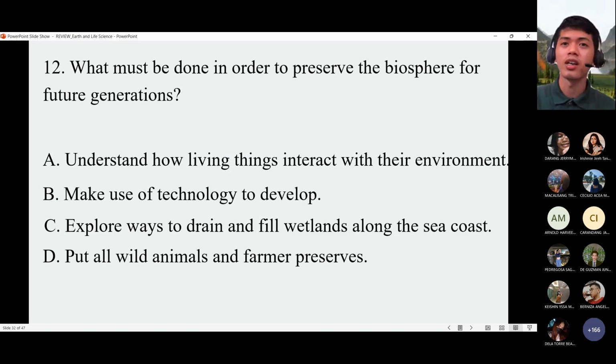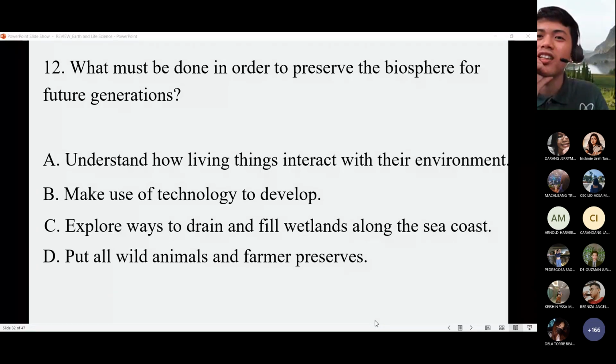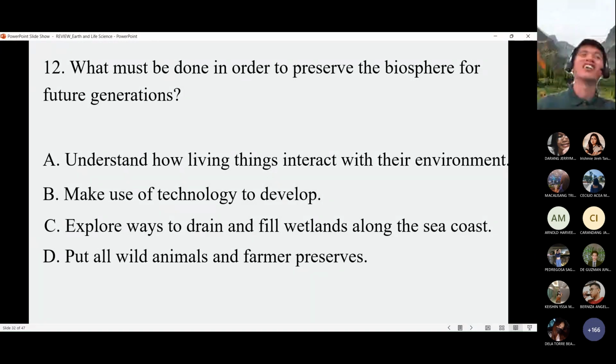So it's not good na pabago-bago yung panahon. Okay, I hope you can answer this question. Ayan. Okay, letter A, letter A. Now, letter A, understand how living things interact with the environment.